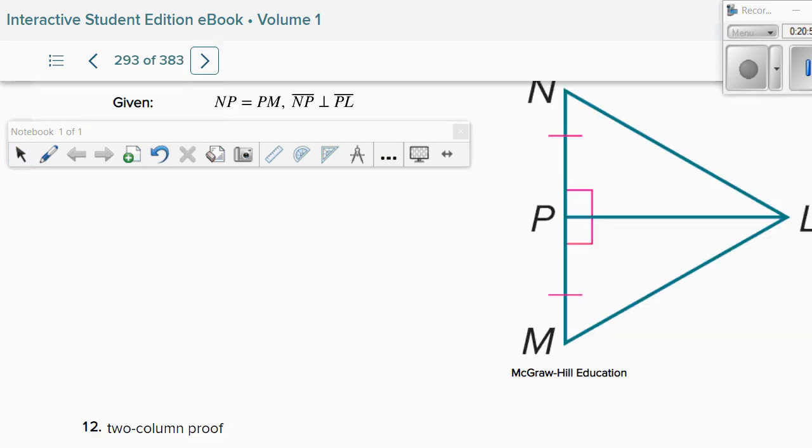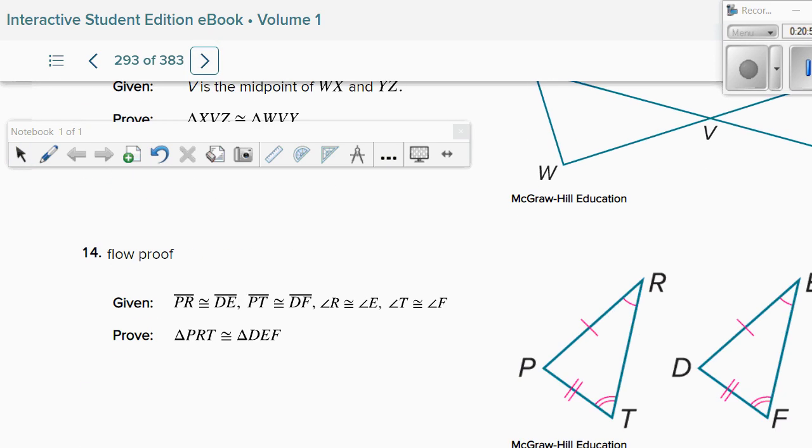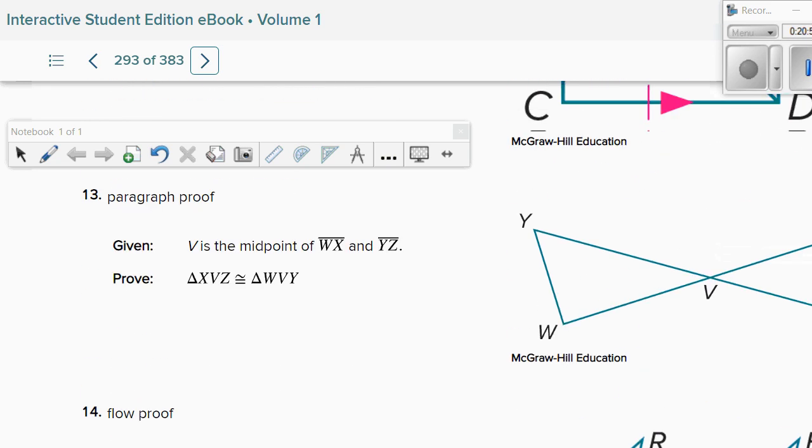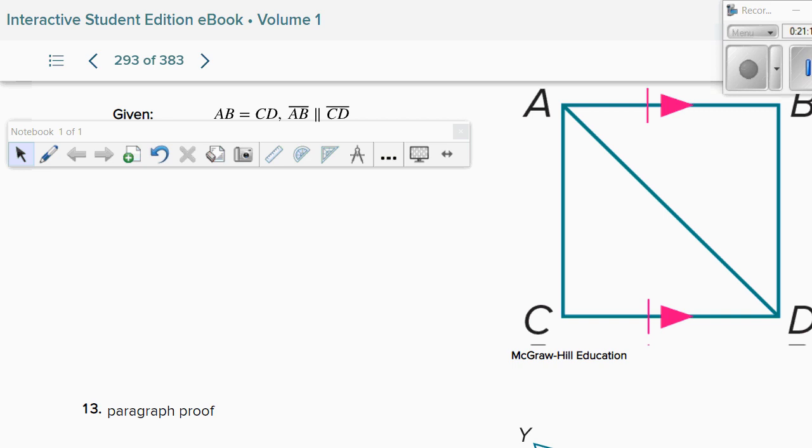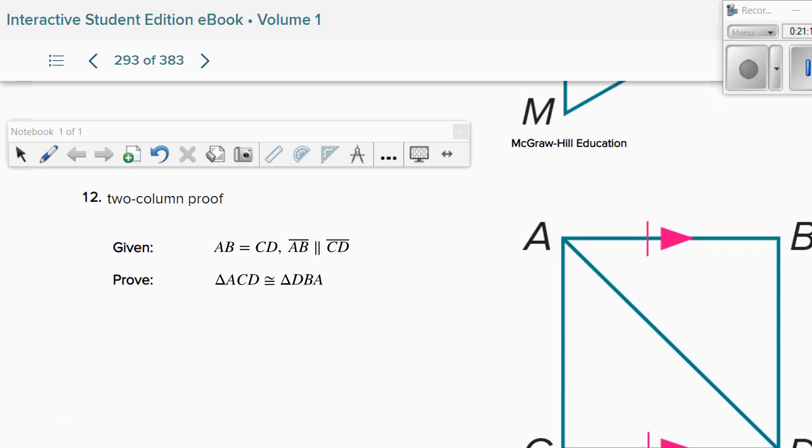I want to make sure we understand too, in 13 you had a midpoint. Remember, that's like bisecting, and you also have vertical angles here too, so just remember that. The one right here is 12. Sorry, I got my numbers mixed up.